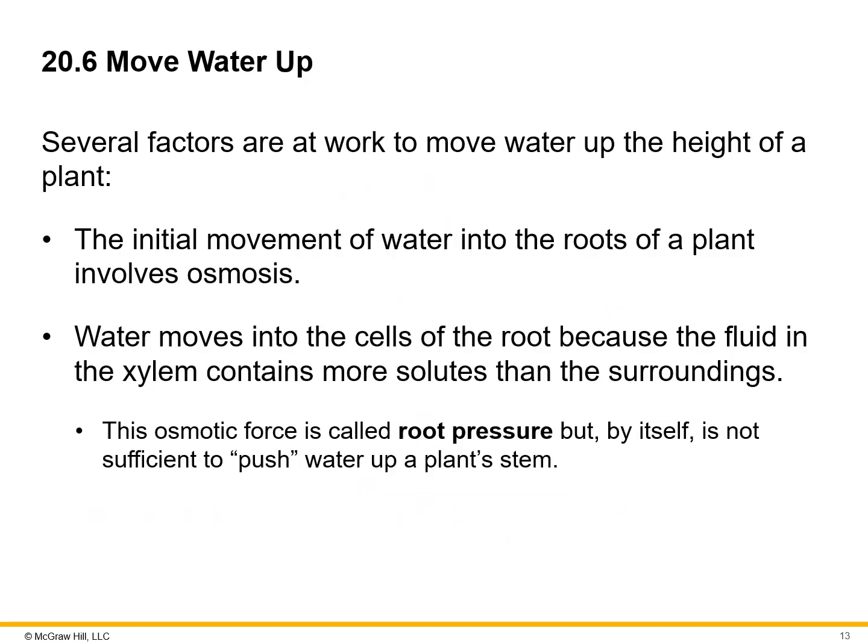Now, as water's moving up, there are several factors that help the water move up, because of course that's going against gravity. So that initial movement into the roots involves osmosis, which is the movement of water based on the concentration. So like hypotonic, hypertonic. Since there are more ions and more nutrients inside the cells than there is in the soil, that pure water from the soil moves into the hypertonic solution.